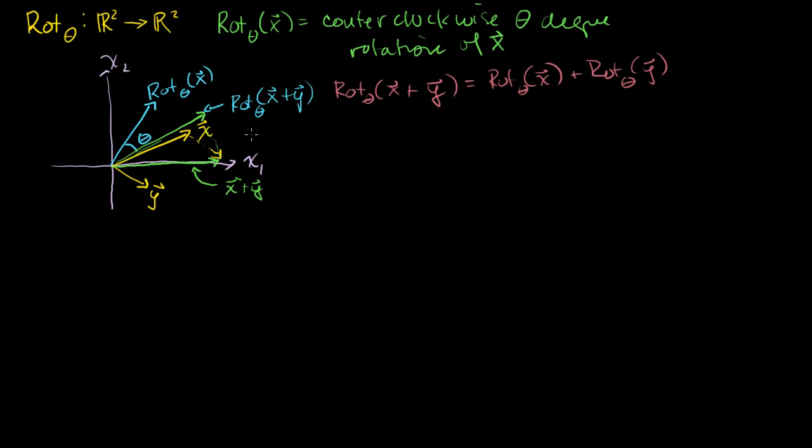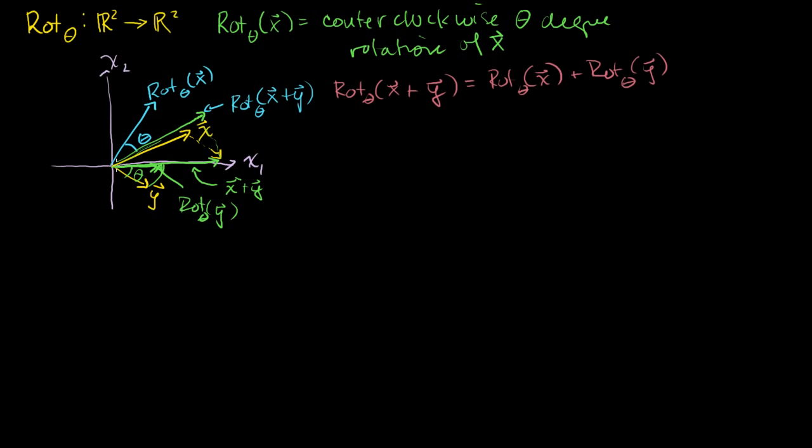Now let's see if that's the same thing as if we rotate x and rotate y and then add them together. So what's y if we rotate it through an angle of theta? It's going to look something like this. This is all approximation. I should be doing it with a ruler and a protractor. Maybe it looks something like this. That's the rotation of y through an angle of theta, the same theta that I've been using the whole time.